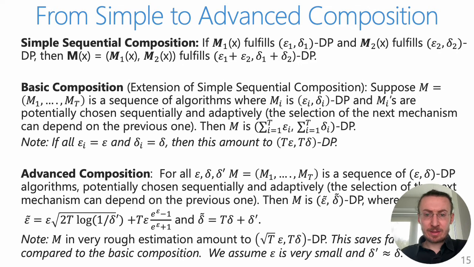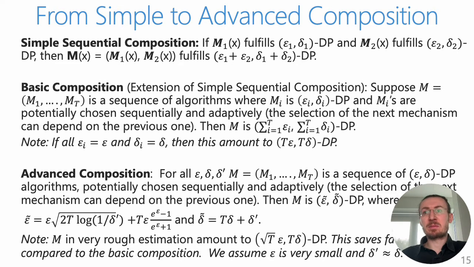So this is saving the factor of square root of T compared to the basic composition in terms of the final epsilon value. And for delta tilde, we also have similar guarantees as for the basic composition. However, the main aspect is really to lower the cost of the privacy through this parameter epsilon.